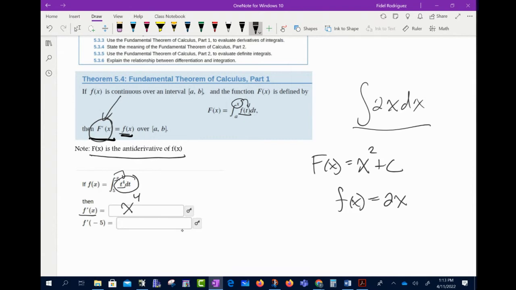Now, if that is my derivative, what is the derivative evaluated at -5? All I would do is plug in this number here, and we'd end up with 625. The fundamental theorem of calculus is just plugging in those derivatives. Yes, sir. The constant. Constant of integration.